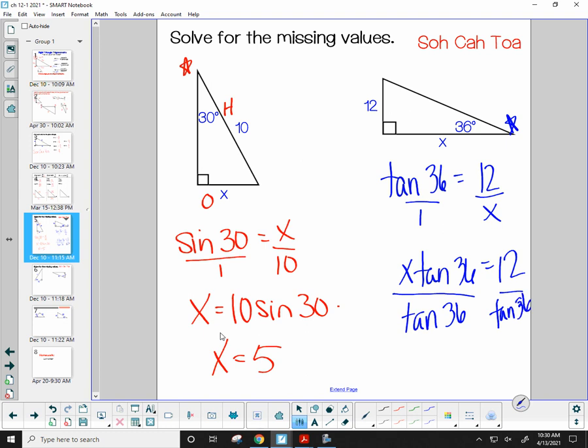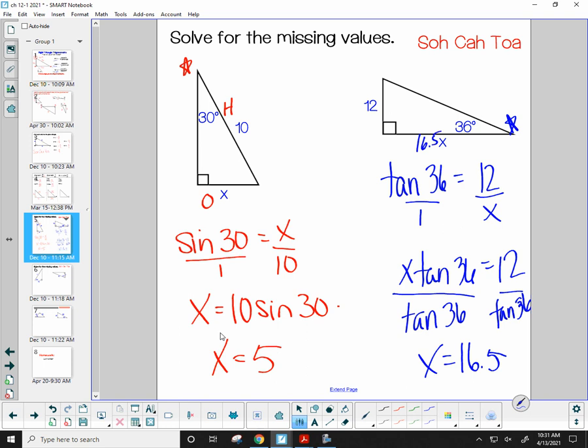So in my calculator, I'm going to type 12 divided by the tangent of 36. What do we get? Yeah, I got 16.5. So this side length here is 16.5 units long.